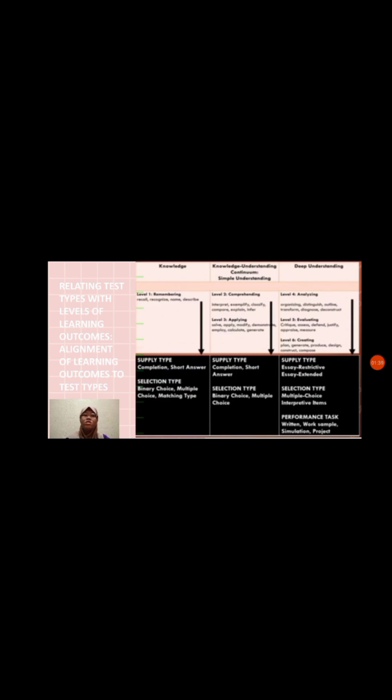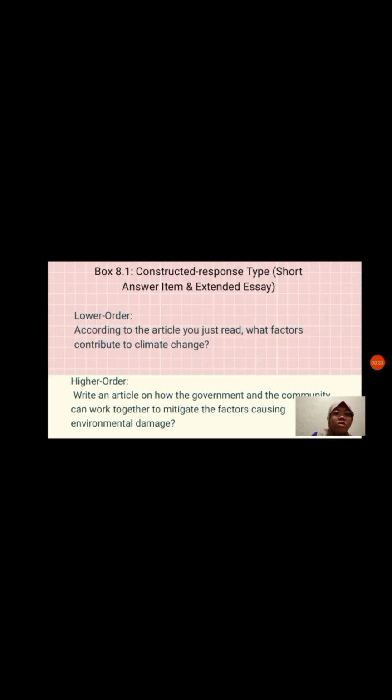While for essay extended, it's broad in terms of scope. Usually when we ask opinions, when we ask the reactions of our learner.